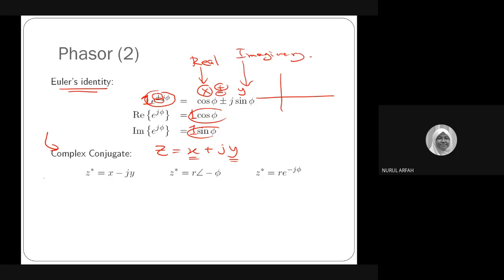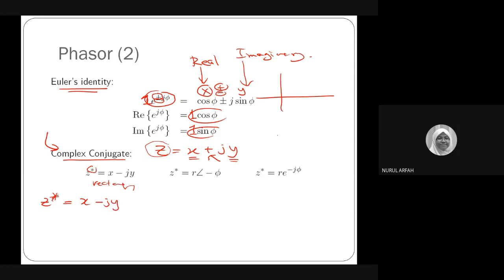If you want the complex conjugate, you need an asterisk. In rectangular form, the complex conjugate just changes the sign: if this is positive, then z asterisk becomes x minus jy.